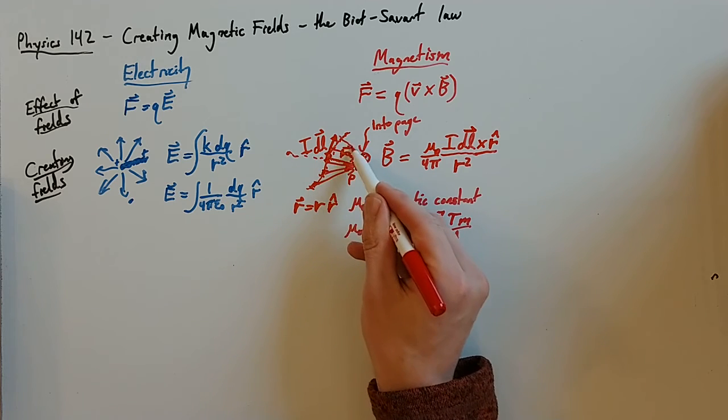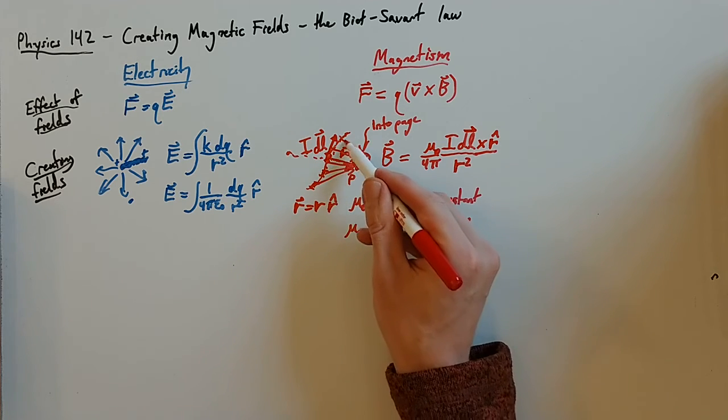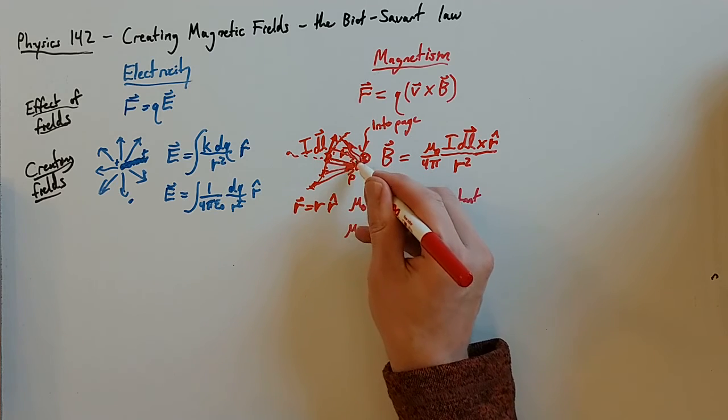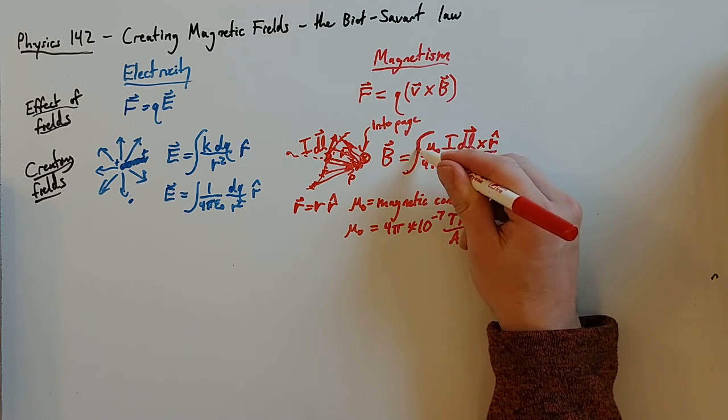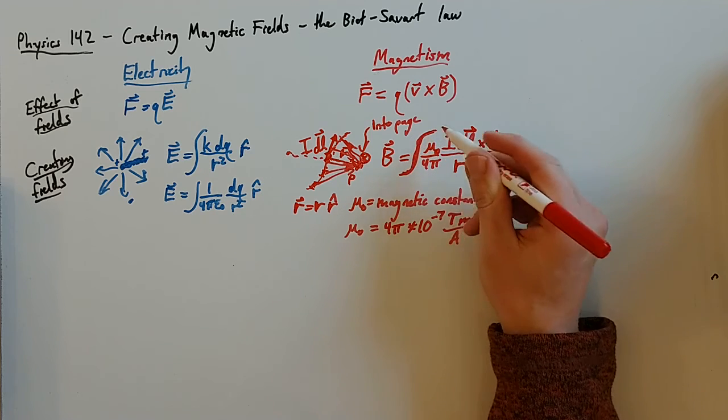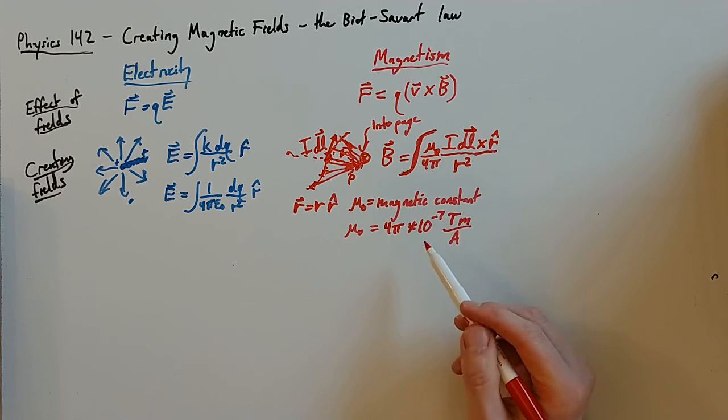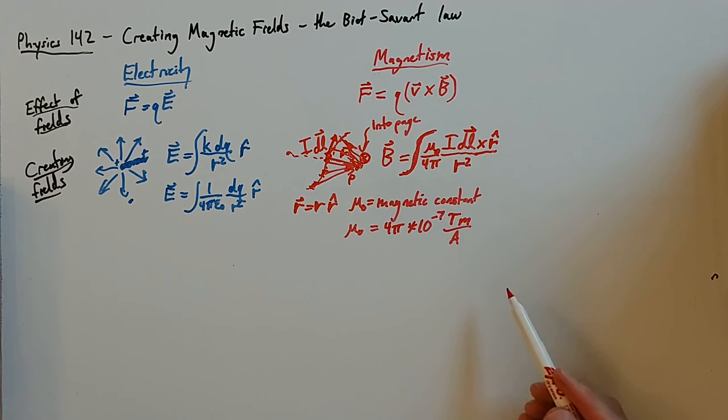All these different r hat vectors, you need to add up all of these, so they should all point at point P, right? All of them are going to contribute at point P, and that's an integral, right? So we need to integrate along our entire wire, and that's how you get the amount of magnetic field B.